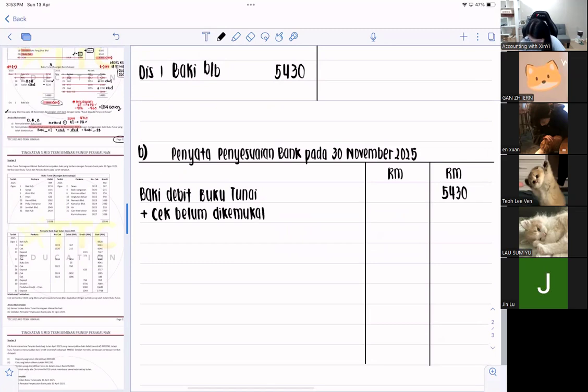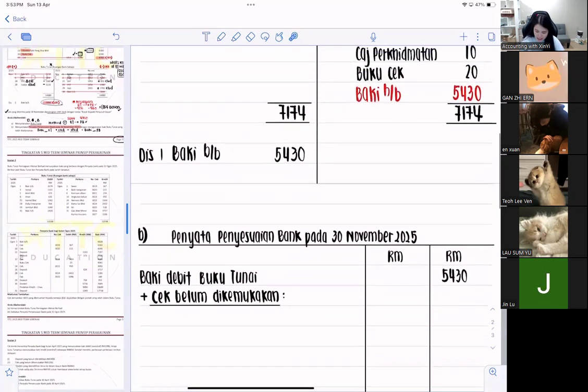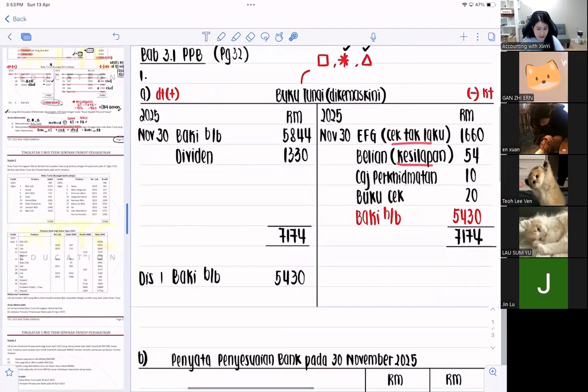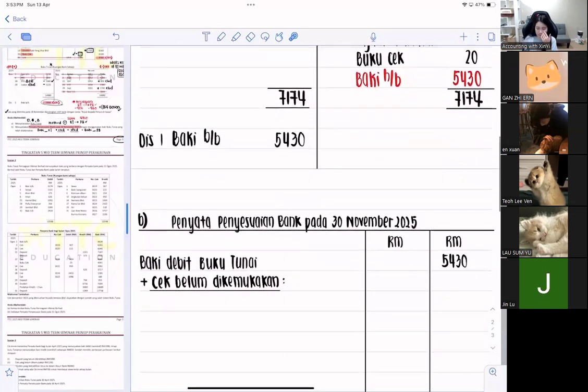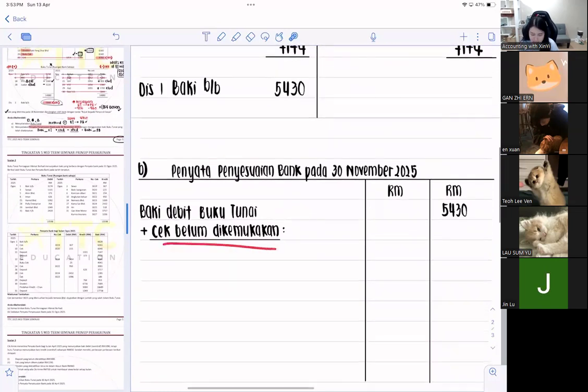dikemukakan. Okay, now the difference between these 2 factors and the other 3 is that the first 3 factors we did in part A are quite short to explain. Correct. So I don't really feel annoyed if I were to write 2 or 3 times. But if you ask me to repeatedly write cek belum dikemukakan for 3 to 4 times, you will feel like dying, okay?